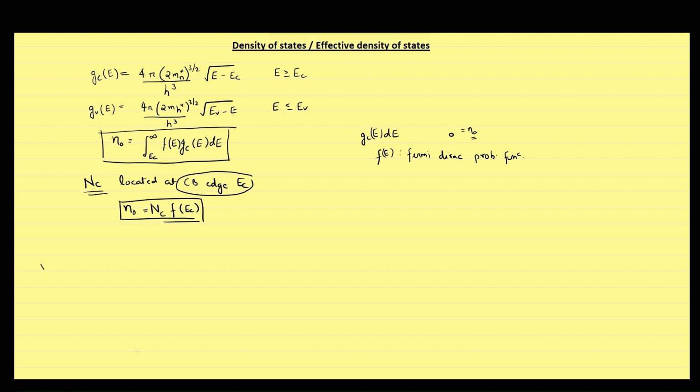You have also studied about Boltzmann approximation, which says that the Fermi Dirac probability function can be reduced to the expression exponential of minus E minus EF divided by kT.